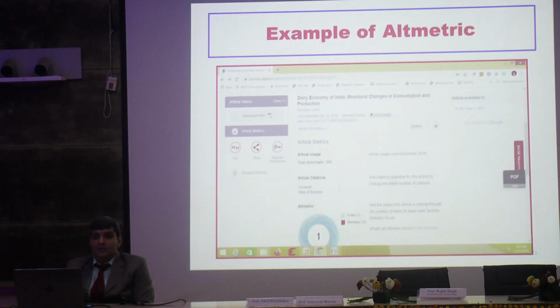If one link is used by 1 lakh times in a month and the other link is not used by anyone, then by counting the number of users, we may claim that this material is more useful. So Altmetrics consider such online usage. This is another metric to measure academic productivity.